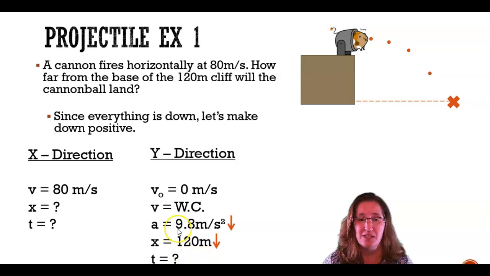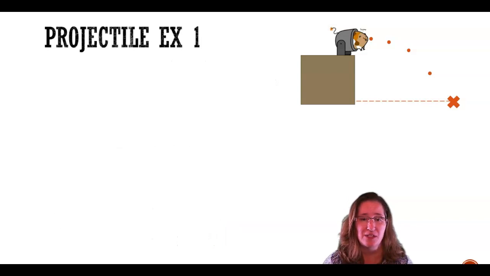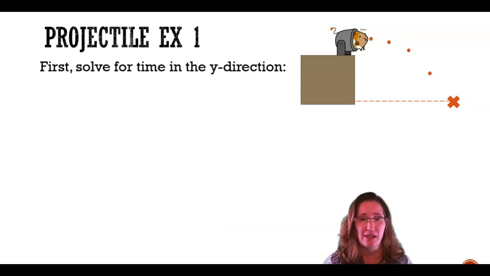So notice in this case, my acceleration due to gravity is 9.8 and it's down, and my little guinea pig is going to descend 120 meters. So both of these are down, so they either both have to be negative or they both have to be positive, but they have to have the same sign. So I went with positive to just not have to deal with so many negative signs in my problem.